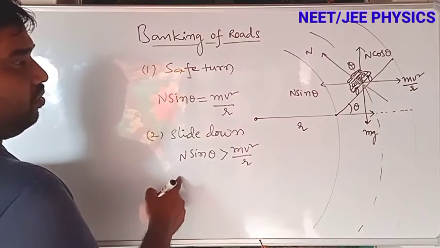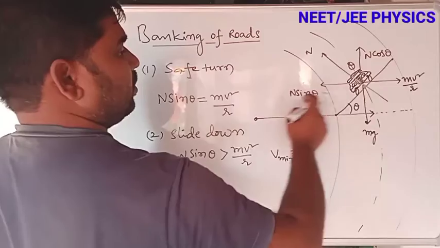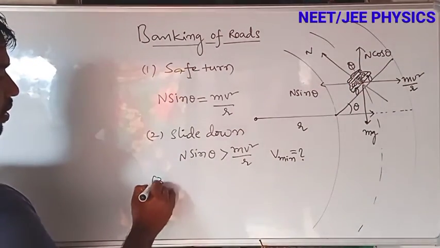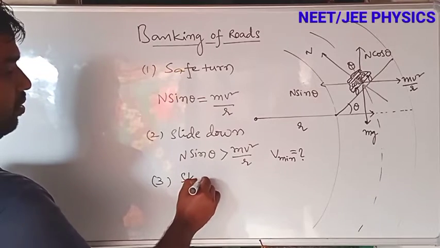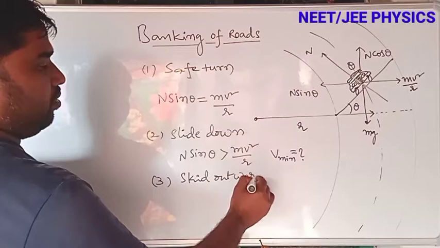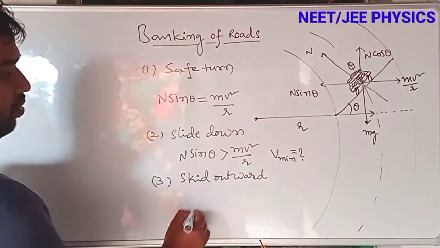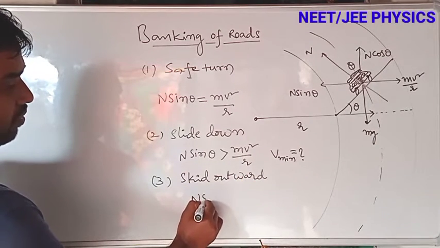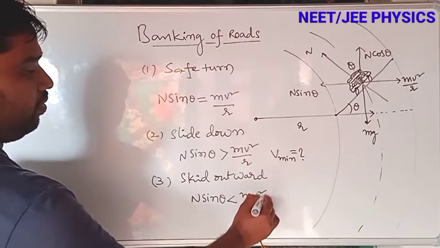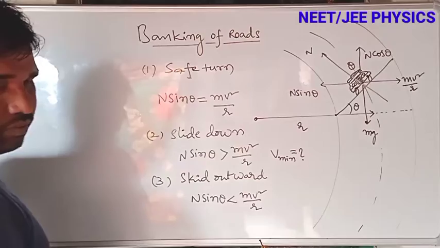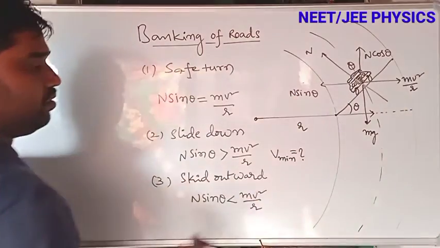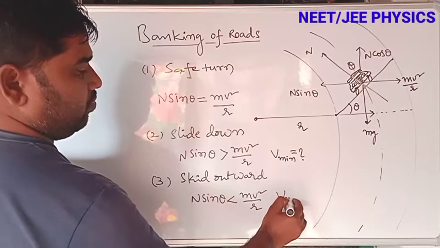And if the outward force is greater than the inward force, that is, n sin theta is less than mv square by r, then it skids outwards. In this case, what is the maximum velocity while taking this turn?